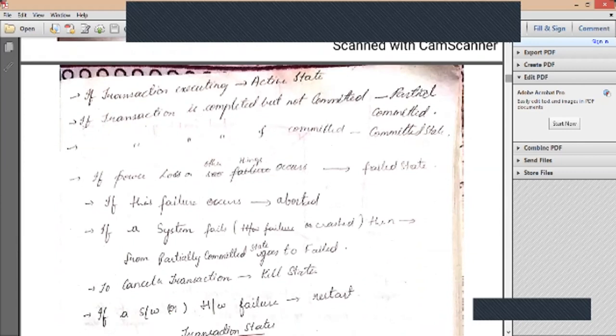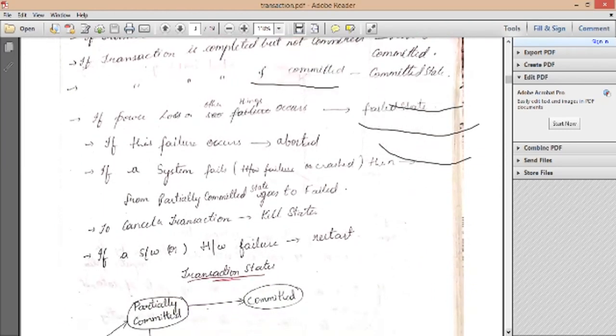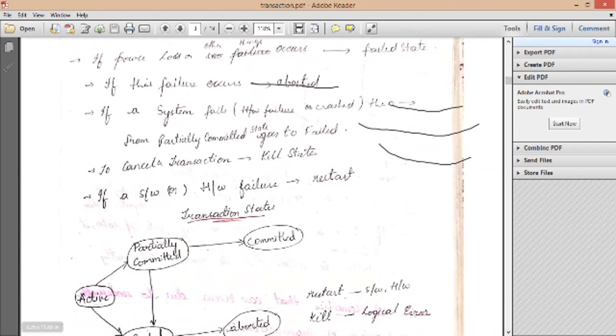Next, there are a few states in a transaction. The first state is the active state, where your transaction starts executing. Then after that you have partially committed, where your transaction has completed its execution but is not committed.